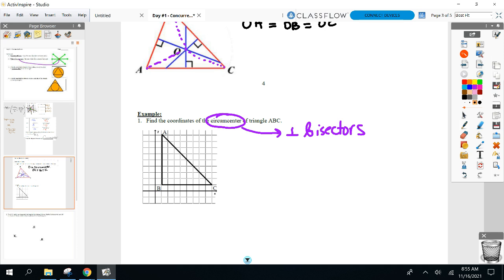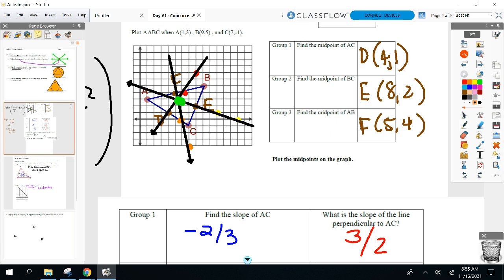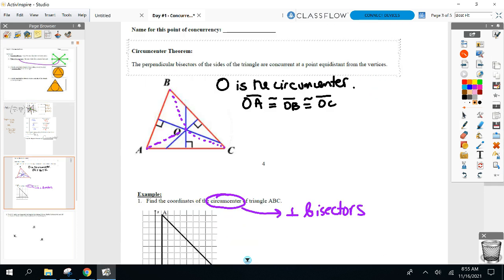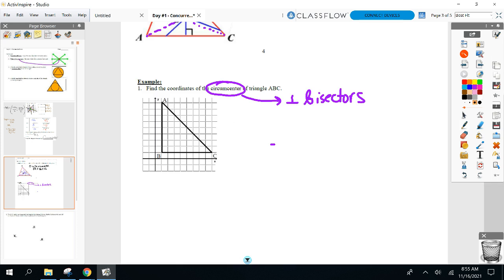What's always perpendicular to a horizontal line? A vertical line. But this vertical line's got to go through the midpoint. Can you draw in the perpendicular bisector on your own here for BC? I don't need to do all the crazy math I did on the last problem. A vertical line going halfway through BC.